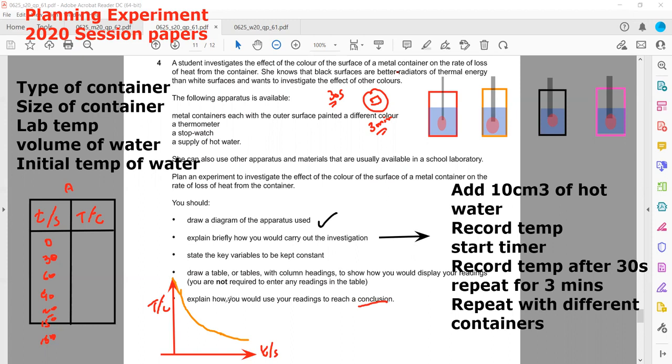Then how will you identify the rate of cooling, how will you reach the conclusion? We'll plot a graph with temperature on the y-axis and time on the x-axis, and we'll check the slope, because the slope represents the rate of cooling. The one which has a steeper slope cools down faster, that is, it has a faster rate of cooling.